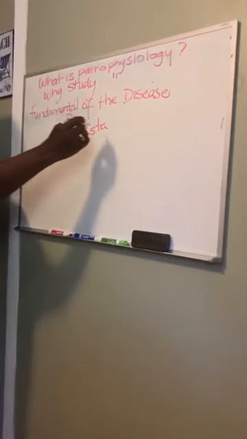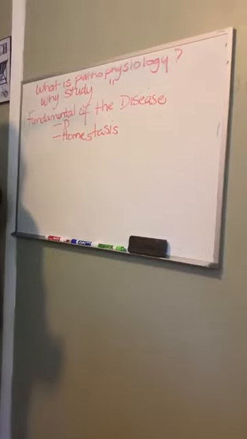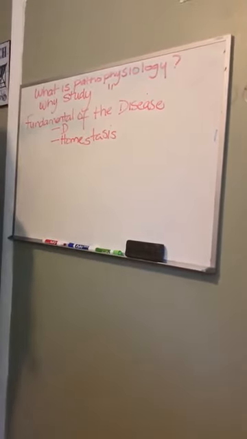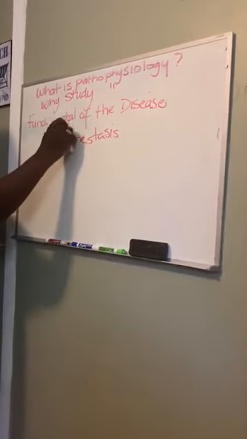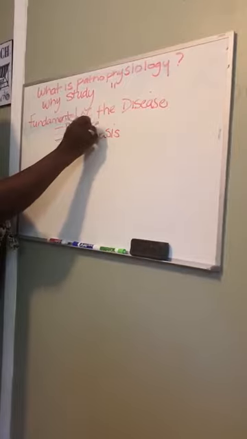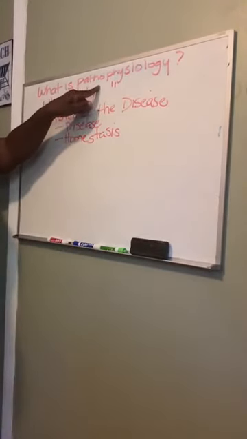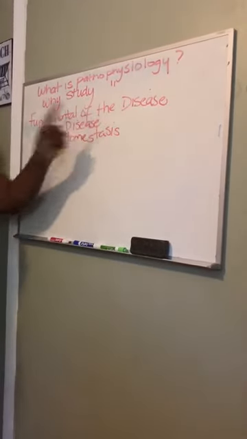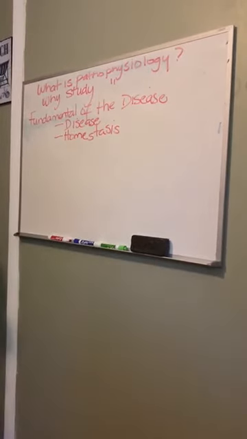H-O-M-E-S-T-A. What else? S-I-S. Exactly. And then pathology is the result of the disease and changes in homeostasis. So fundamentals includes homeostasis and the disease. Excellent. Okay? What is pathophysiology? It is a science. Why study the science? Now we're going to look at the fundamental of the disease, which is the disease itself and homeostasis.